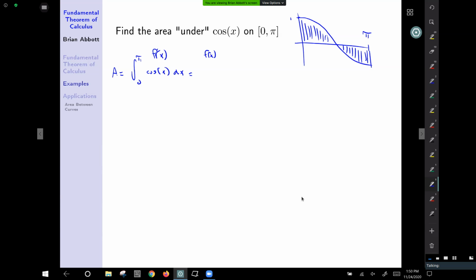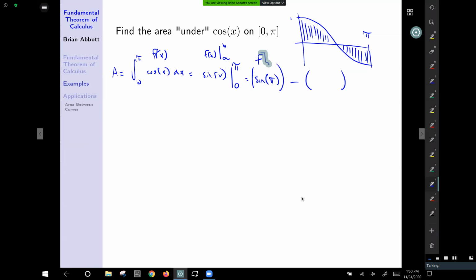Well, the integral from a to b is going to be f of x evaluated from a to b. Cosine is the derivative of sine of x, and we're going to evaluate sine of x from 0 to pi. So top minus bottom, f of b minus f of a. Sometimes I like to put them in big parentheses to show top minus bottom.